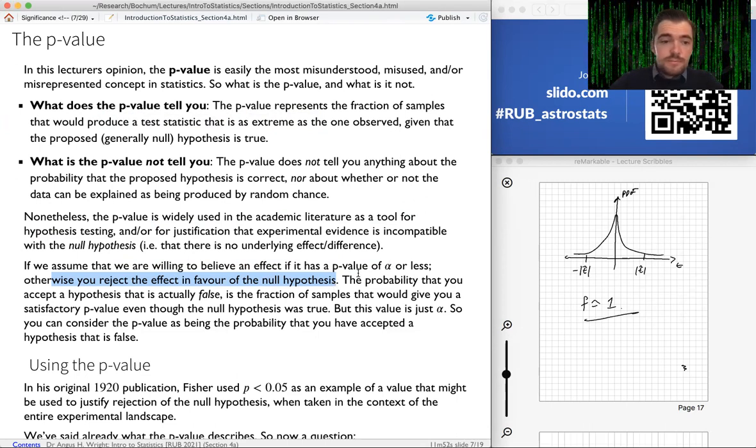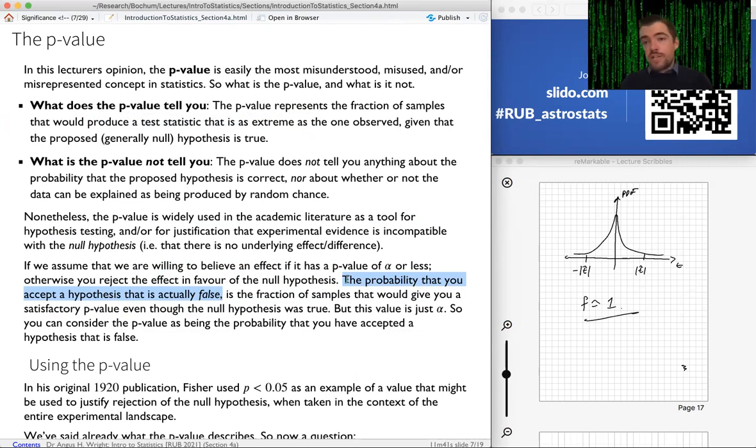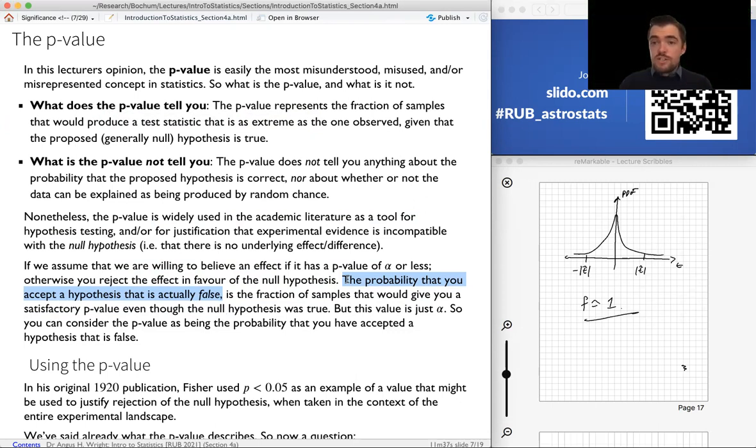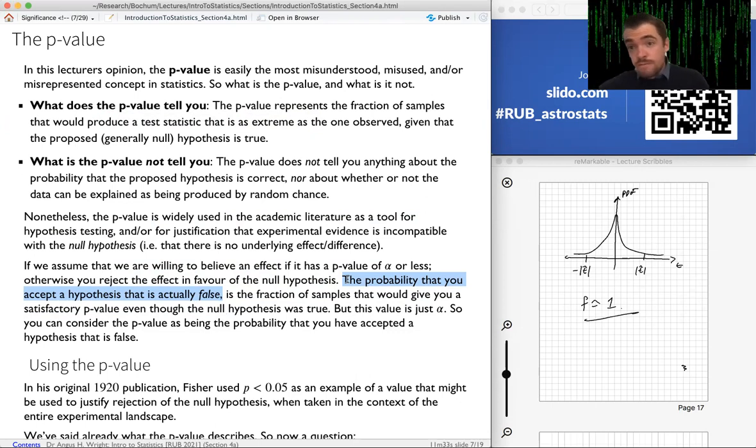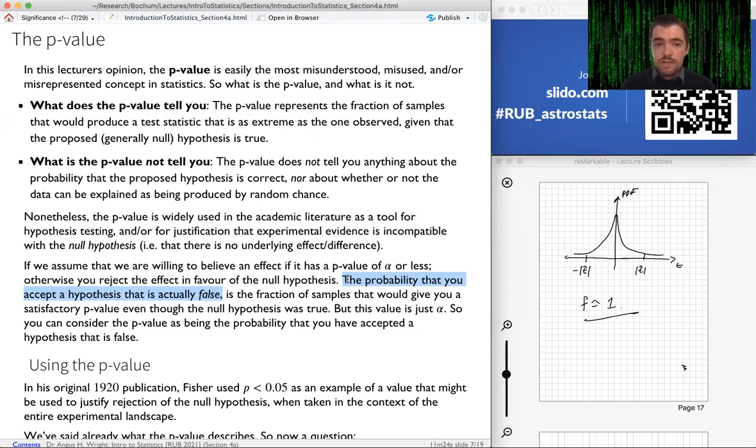Okay? Given this choice that we've just made, that we say, I'm going to accept something as being in disagreement with the null hypothesis, provided it has a p-value less than 5%, the probability that you accept a truly false hypothesis, given that threshold, is alpha.